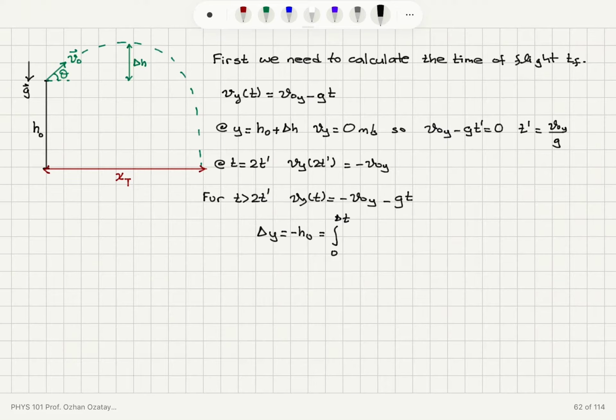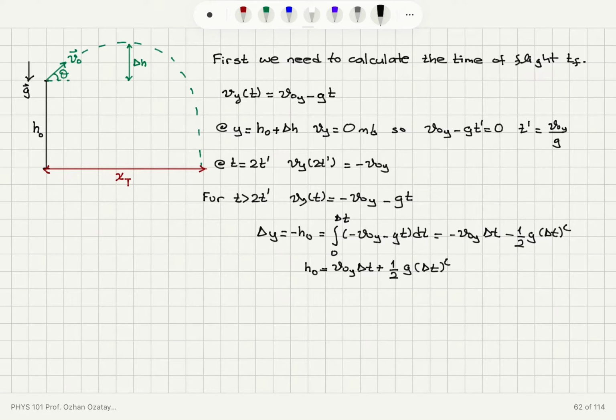So this will be the integral of minus v0y minus gt dt, and that will be minus v0y delta t minus 1 over 2 g delta t squared. And h0 therefore will be equal to v0y delta t plus 1 over 2 g delta t squared.